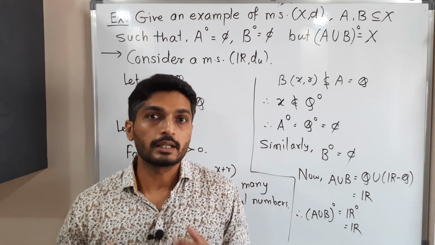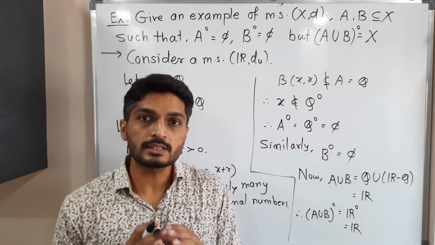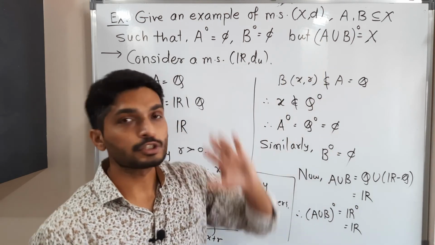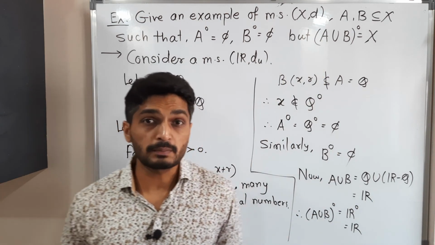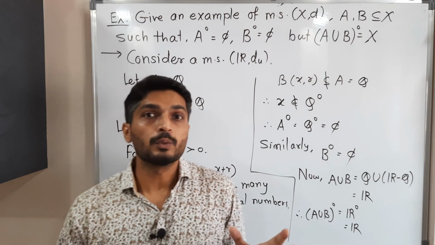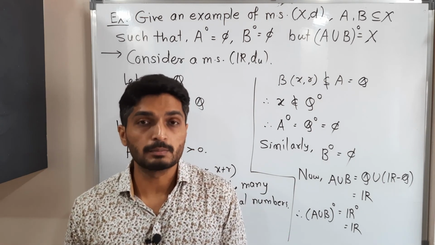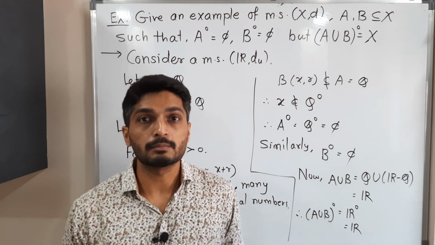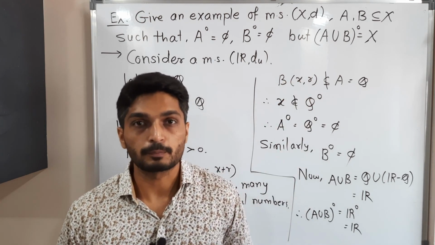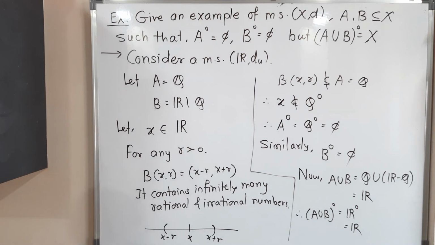So therefore its set of interior points is R only. So the last condition is also satisfied. So that means the set of real numbers with usual distance, A equal to the set of rational numbers, and B equal to the set of irrational numbers satisfy this condition. Okay, so yeah, the example is over. Make a screenshot of it. After that we will stop. Thank you. Bye bye.